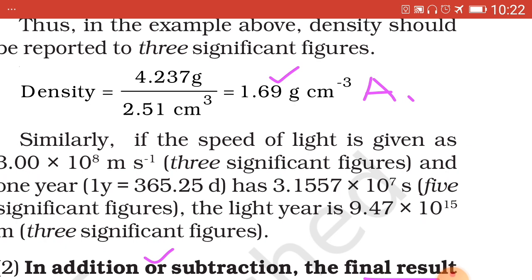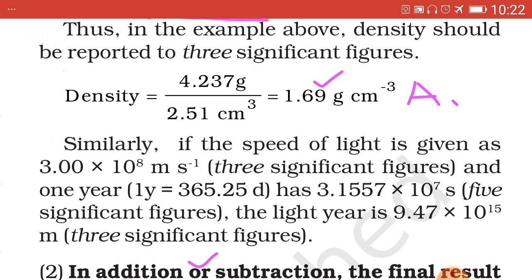Why 3 significant figures? Because out of the two figures given in the data, which are 4.237 grams and 2.51 centimeter cube, in those two numbers, 2.51 is the number containing least significant figures.